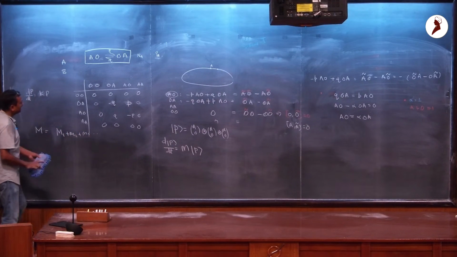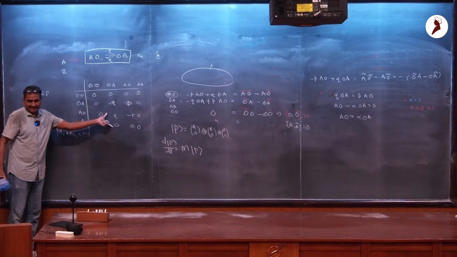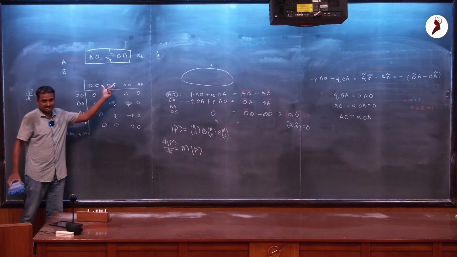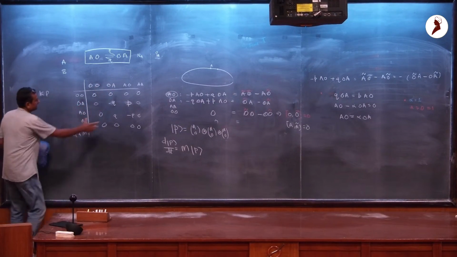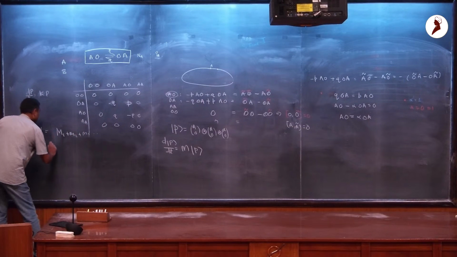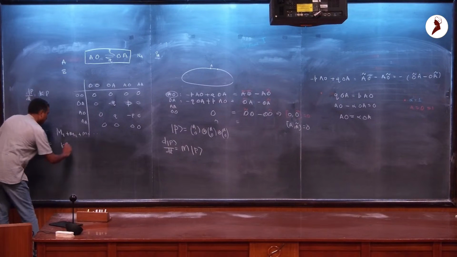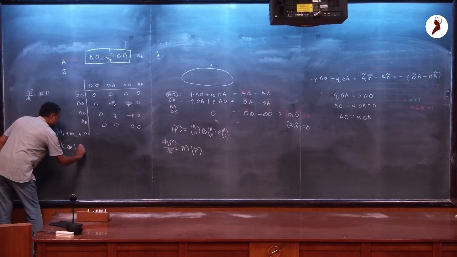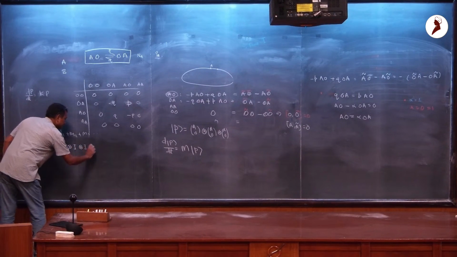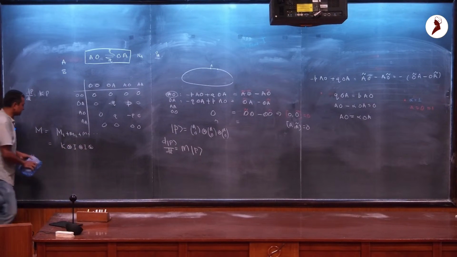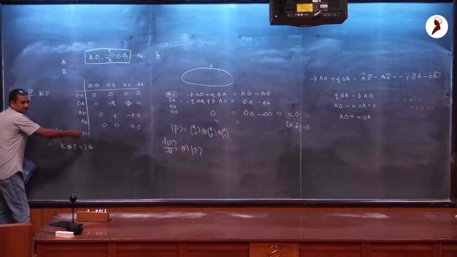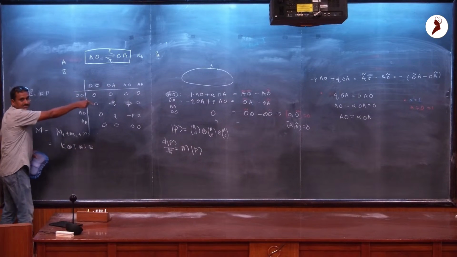M1 is the matrix K operating on the first two sites, so M1 is K cross I. This is the matrix which operates on these, and you sum over all of them: first two sites, next two sites, like that.